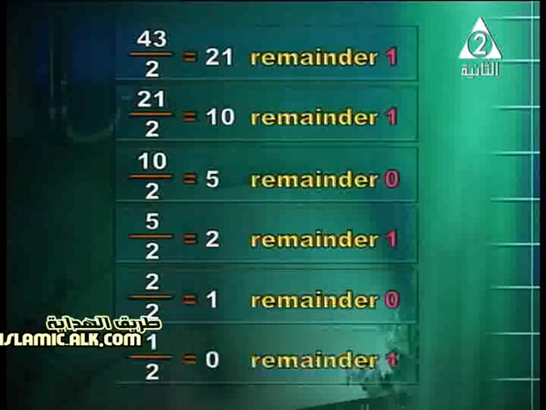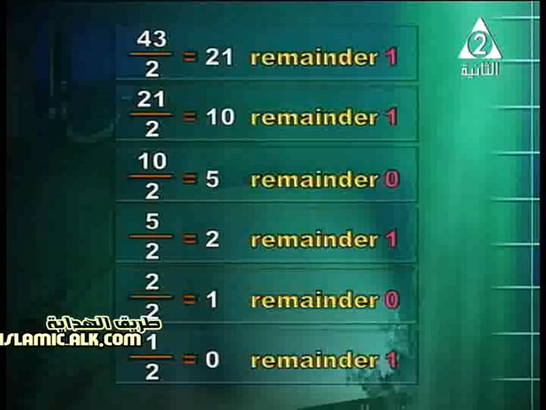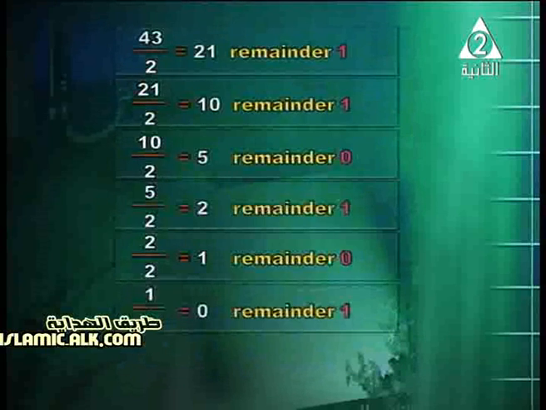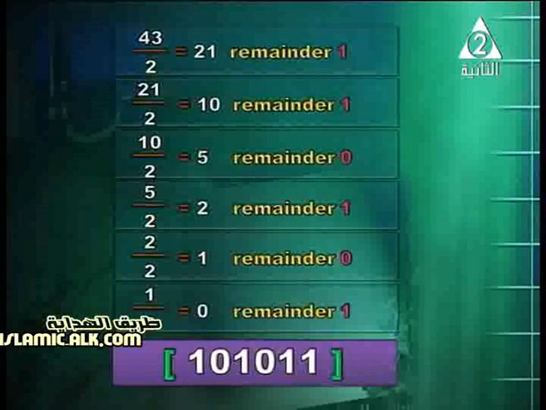And 1 divided by 2 gives 0, remainder 1. Your attention, please, to observe how we write the number. It will be 101011 to the base of 2.